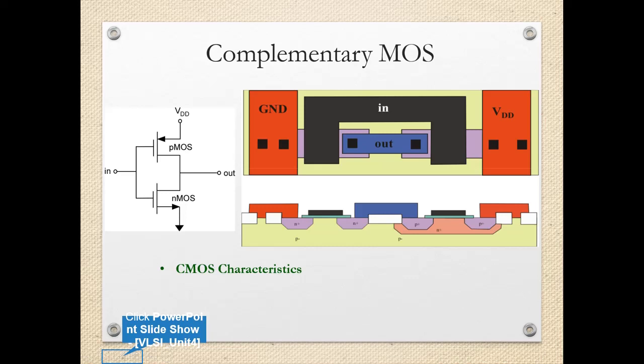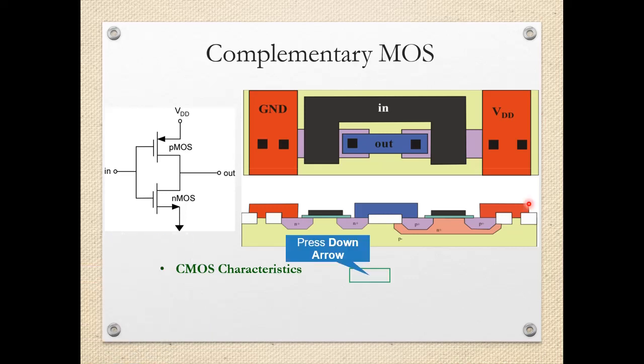We have one P MOSFET which is connected to the VDD and one N MOSFET which is connected to the ground. The gate terminals of both the devices, that is P MOSFET and N MOSFET, are shorted, and to that one input terminal is connected.